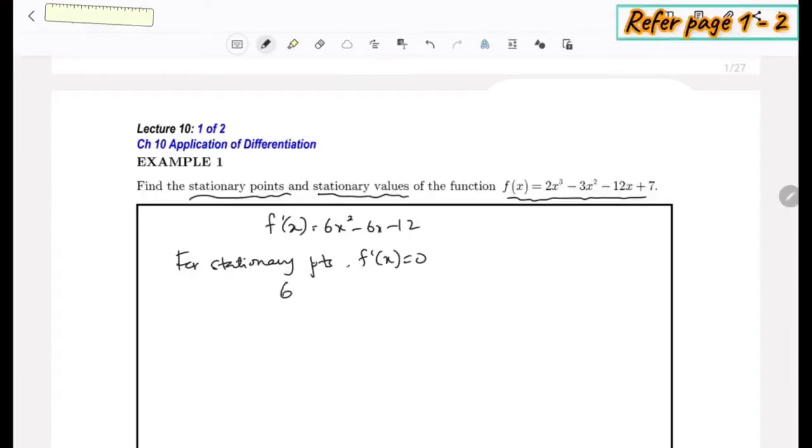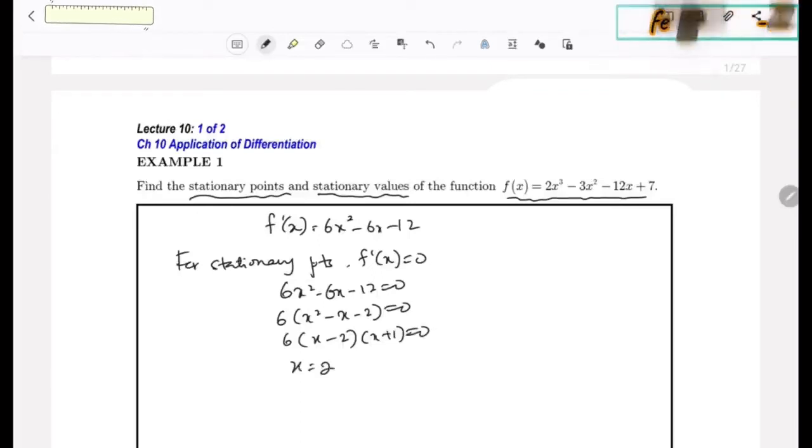So we have 6x squared minus 6x minus 12 equals 0. Factorize 6: x squared minus x minus 2. Factorize further: (x minus 2)(x plus 1). So we have x equals 2 or x equals negative 1.